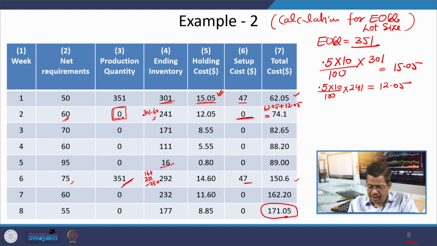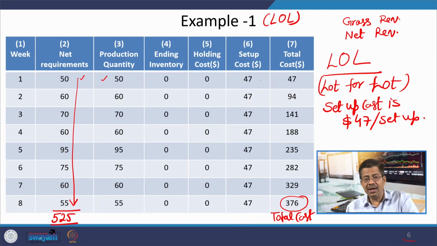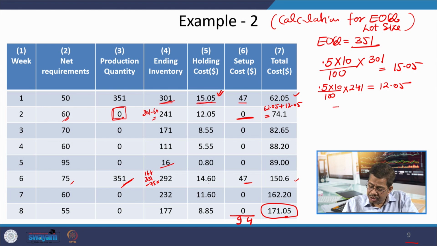Here you see that you are paying only 2 times your setup cost which is just $94 and remaining all is your holding cost, and the total cost, holding plus setup, is 171, which was 376 when you were doing LOL. So, total cost LOL was 376 and total cost using this EOQ formula 171.